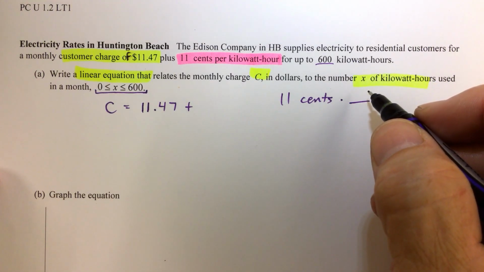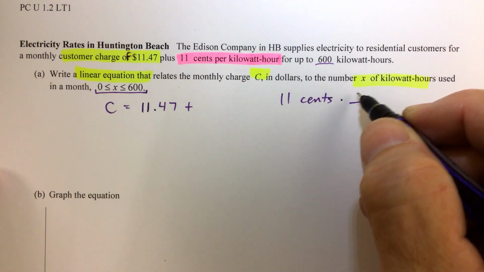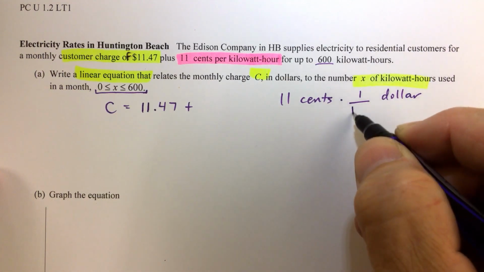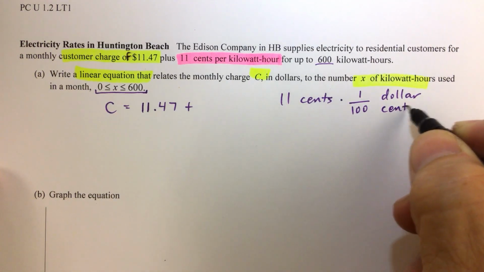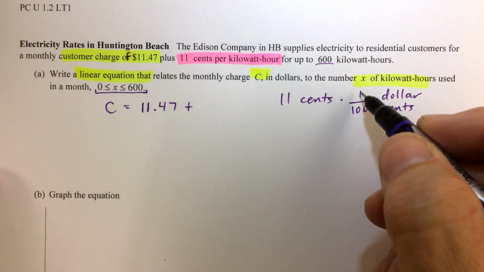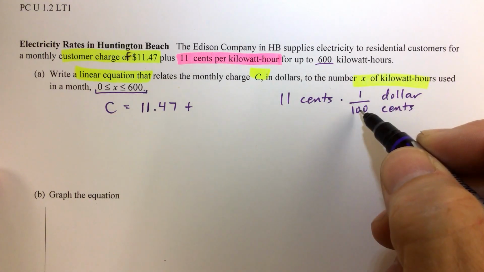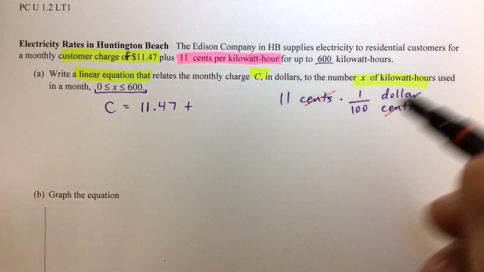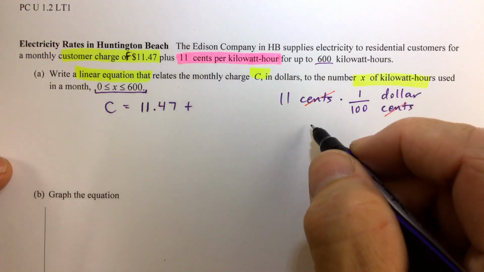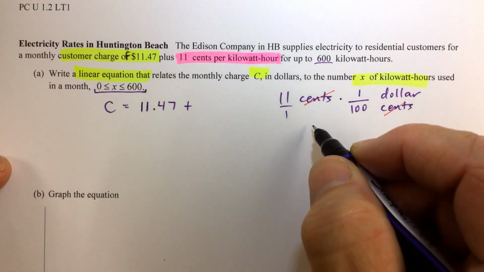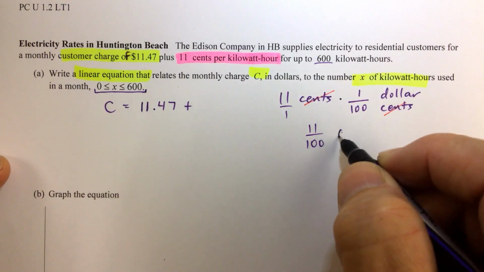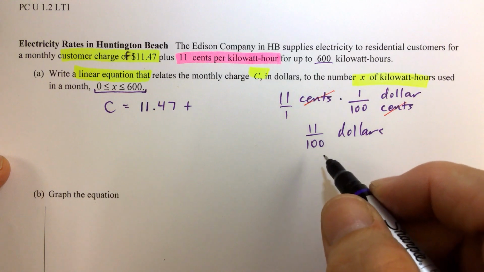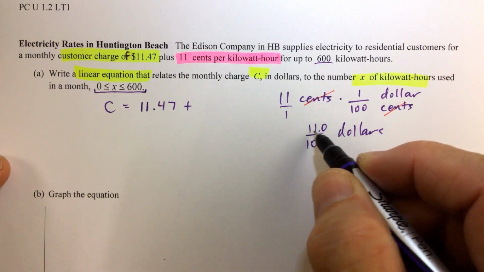If we multiply 11 cents by $1 over 100 cents, the cents are going to cancel, and this is just a way to do any conversion. So you have 11 over 1 times 1 over 100, that's 11 over 100 dollars. Anytime you divide by 100, you move the decimal over 2 to the left.